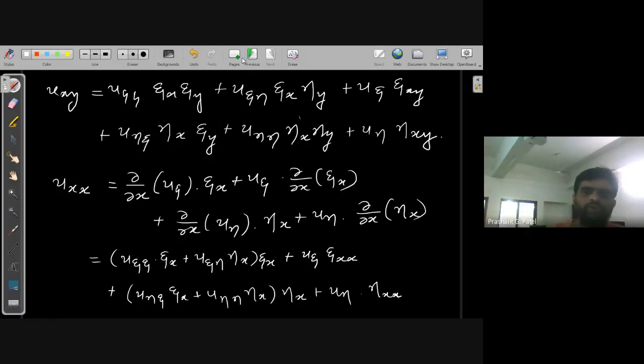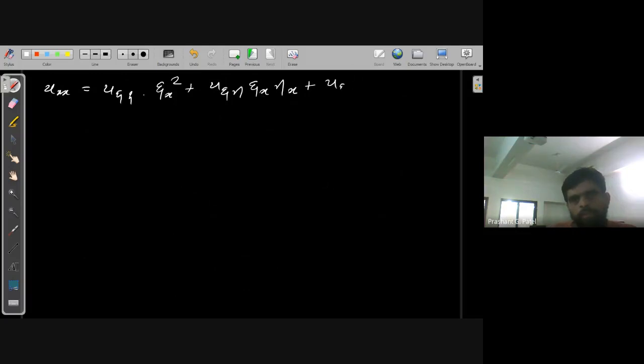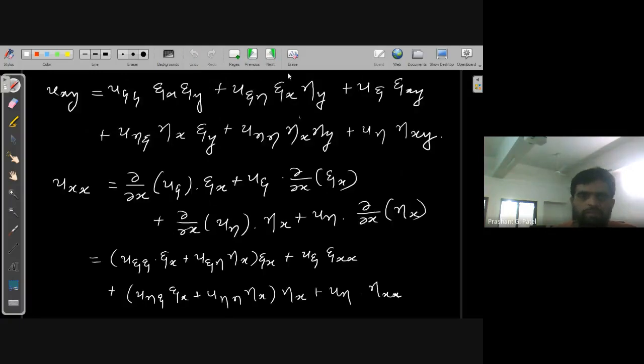So therefore what we get is u xx will be u xi xi into xi x square plus u xi eta xi x eta x plus u xi xx. That you can observe in the terms we got.